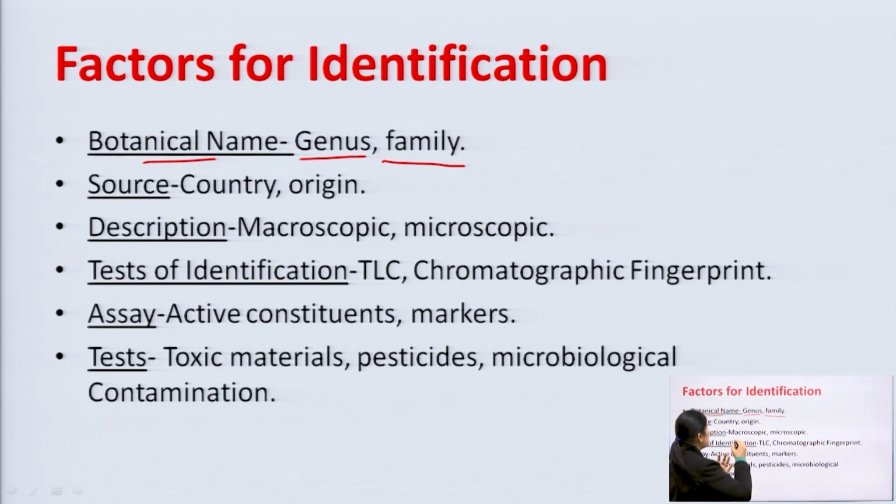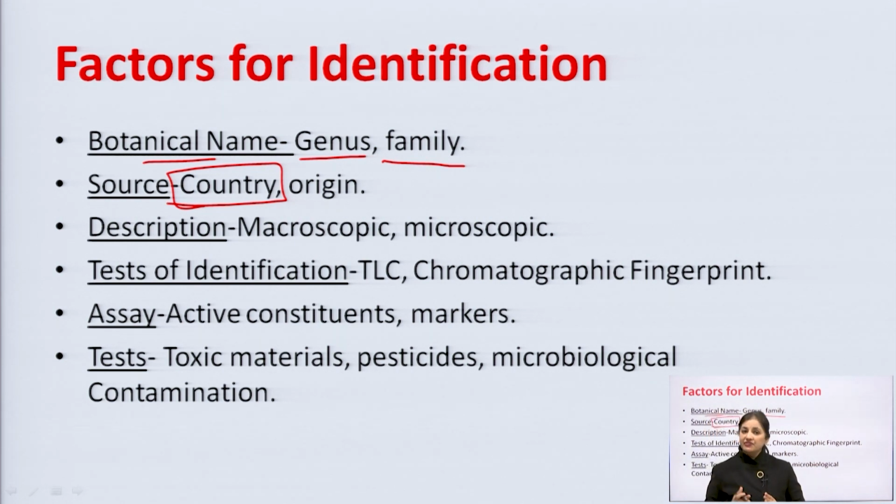What is the source of that plant? Because again, depending upon the different environmental conditions and the different sources, they have different features. What is the origin? Where was the plant originally? Because the moment it transfers from one place to another, from one geographical location to another, the features also change.